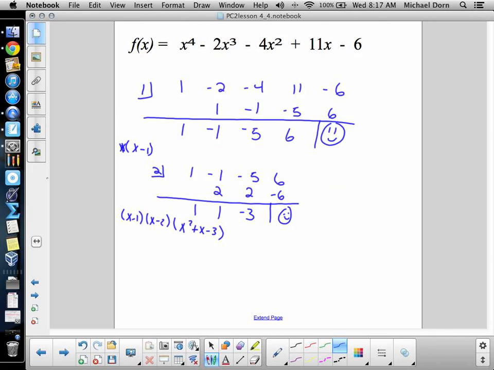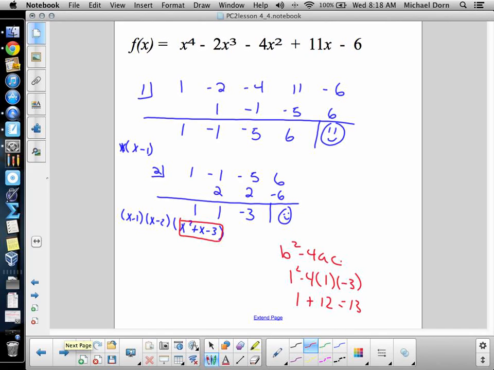So if I want to find my other roots, they aren't going to be rational. And how can I tell they aren't going to be rational? Well, because it would factor if they were. But the other thing I could do is put in the discriminant, b squared minus 4ac. That'd be 1 squared minus 4 times 1 times negative 3, or 1 plus 12, which is 13.